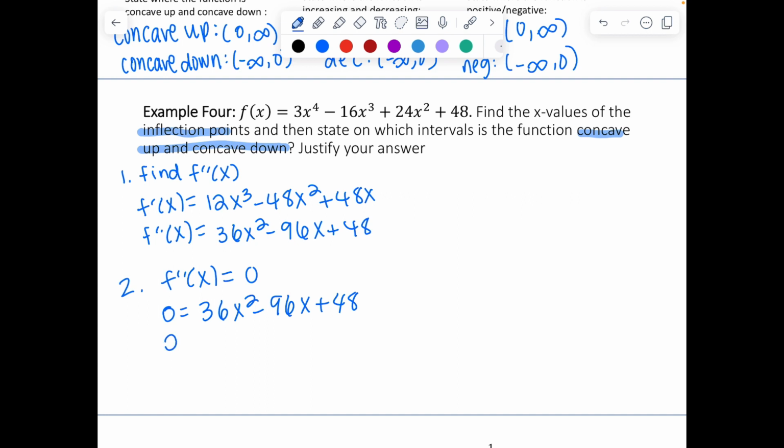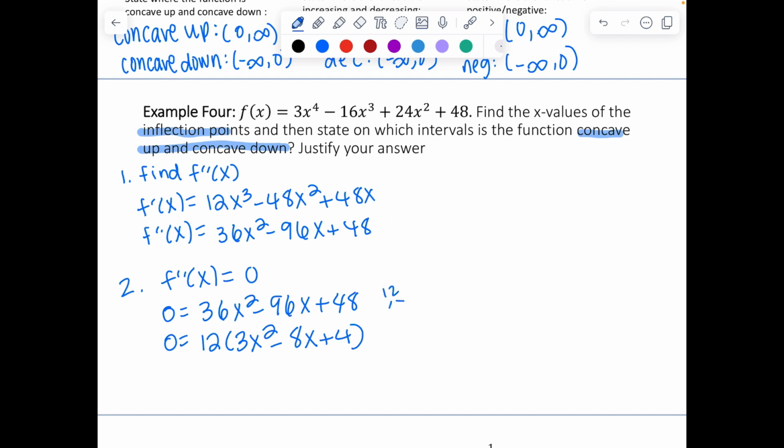If you don't feel like factoring, you can use the quadratic formula, just don't use it wrong. But I'm going to pull 12 out of all of these, so I'll get 3x squared minus 8x plus 4. And then I have to factor by grouping, so I'll do 3 times 4, which is 12.